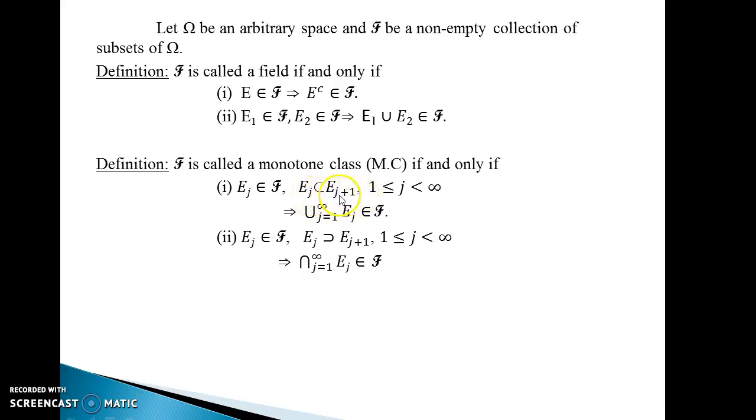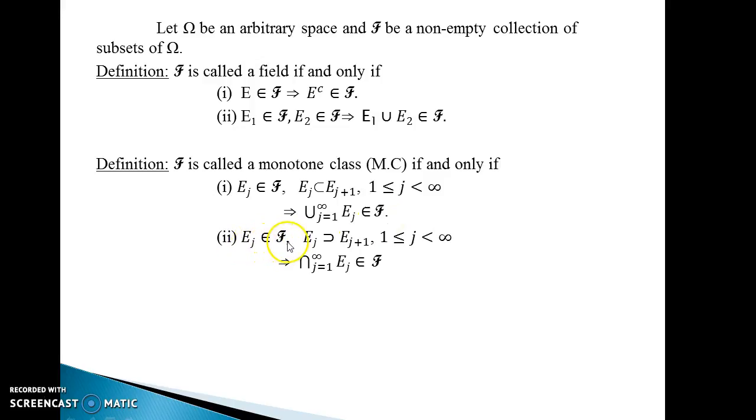That is, Ej plus 1 contains Ej, so our sets are increasing ones. That is, E1 is contained in E2, E2 is contained in E3. So if we consider an increasing collection of sets, then their union must be in F.